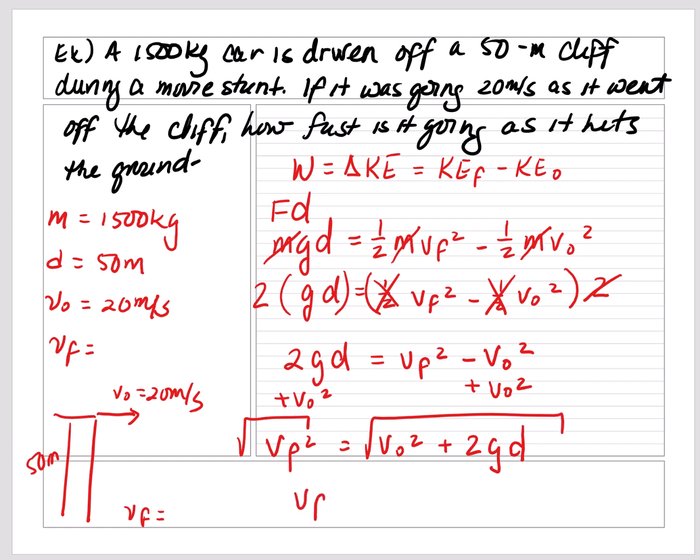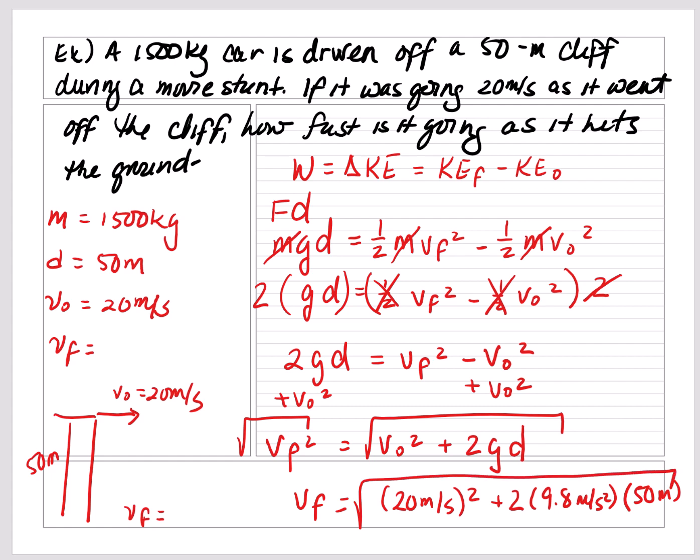So v final is equal to the square root of 20 meters per second squared plus 2 times gravity, 9.8 meters per second squared, times the height, which is the distance, 50 meters, which equals 37.15 meters per second.